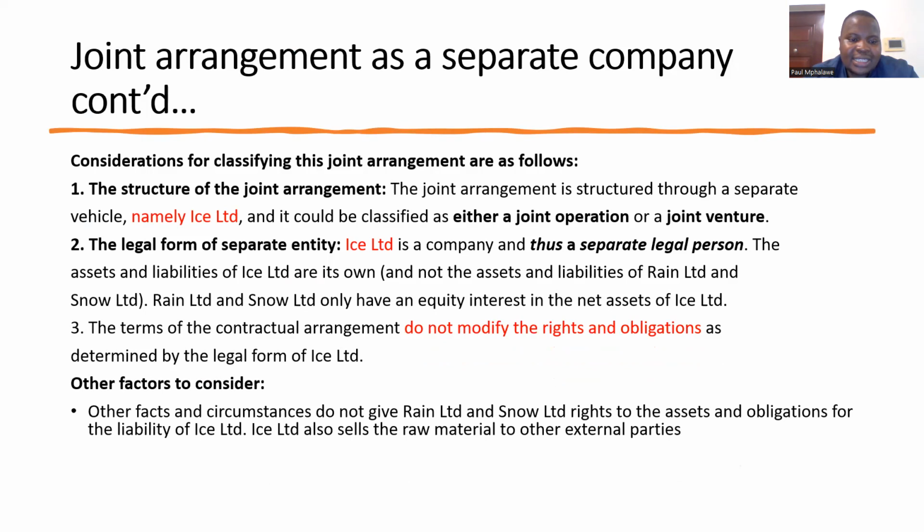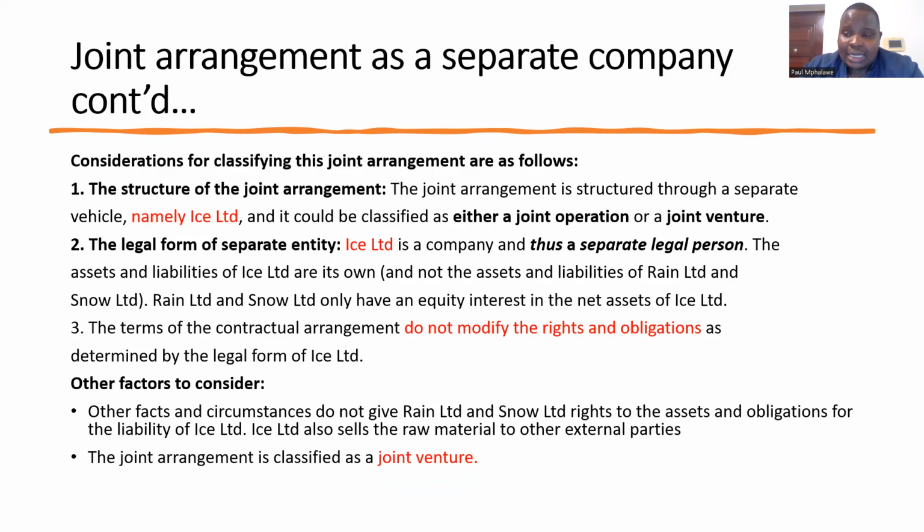So the other facts and circumstances do not give Rain Limited or Snow Limited rights to the assets and obligations for the liabilities of ICE Limited. So ICE Limited also sells the raw materials to other external parties, apart from selling the raw materials to the two parties in agreement. So in this case, we can conclude that the joint arrangement should be classified as a joint venture. That is what the examiner is looking for.